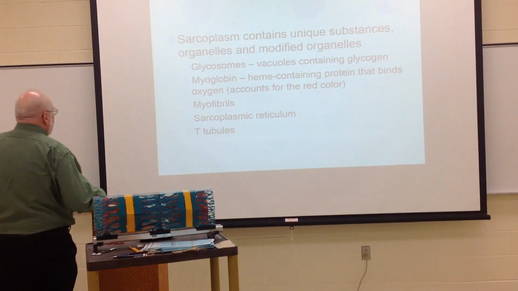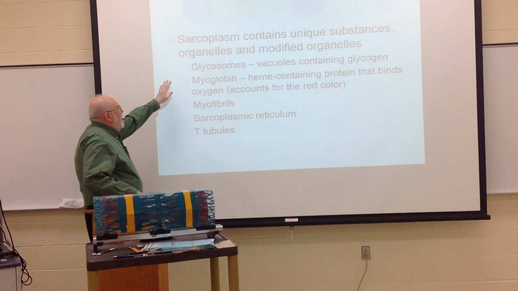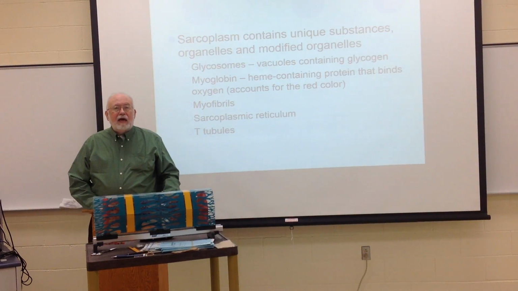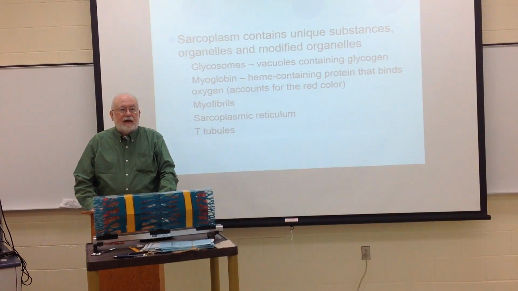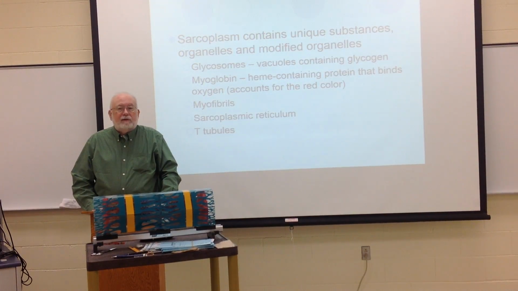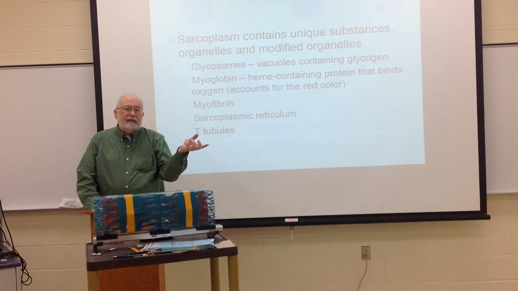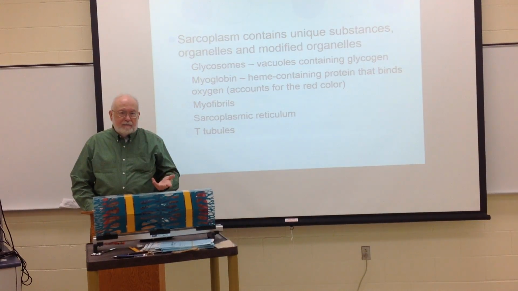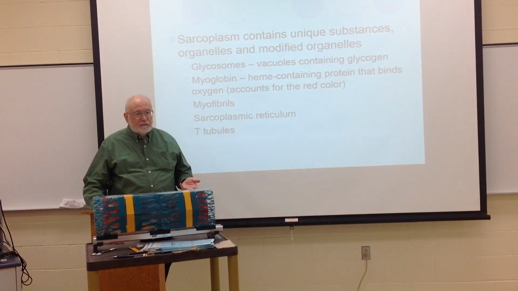All right, glycosomes. Now, as we said, they are vacuoles containing glycogen. Glycogen, of course, is made when there's plenty of glucose floating around in the blood. You've got extra glucose to store as glycogen. Now, we know the liver takes it up and then releases it later as glucose, when you're between meals. Why would muscle cells want to have glycogen?